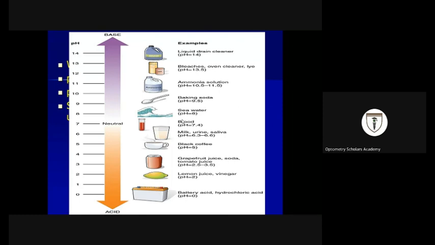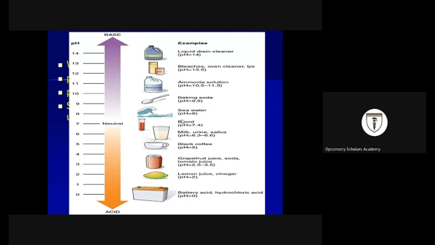So this diagram is a scale showing different substances and their pH level. Looking at it, you tell yourself that whenever any of these substances get into your eye, there are some that will sting and there are some that will not sting.